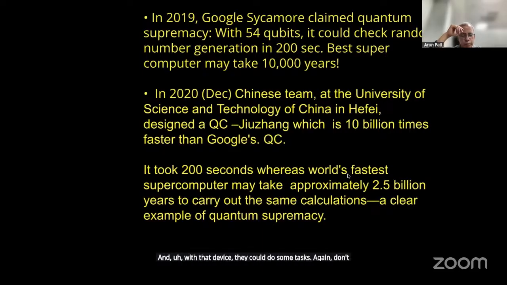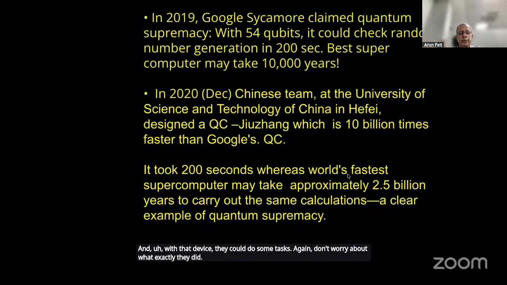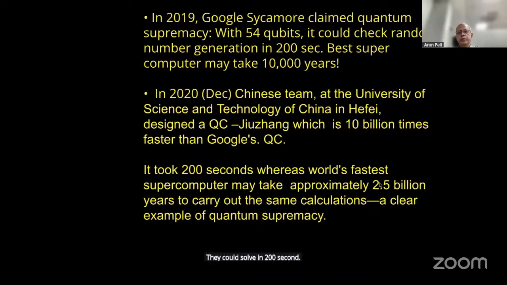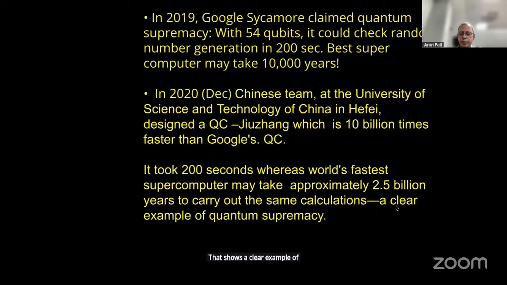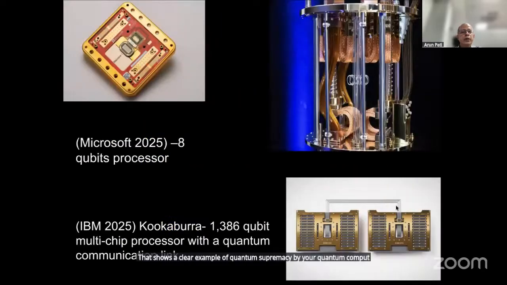Again, don't worry about what exactly they did, but basically it is a proof of principle that they showed that if you do that particular task, they could solve it in 200 seconds, whereas the world's supercomputer will take approximately 2.5 billion years to do the same calculation. That shows a clear example of quantum supremacy by quantum computers.